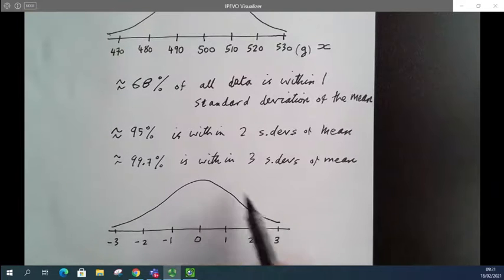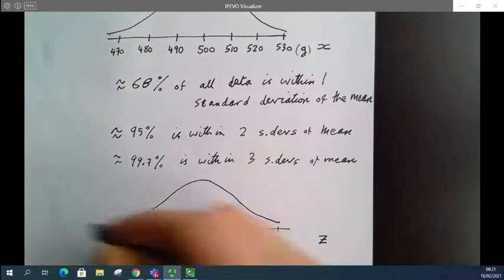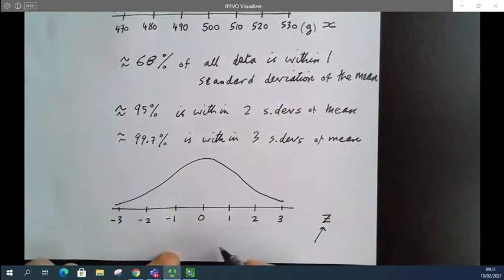Every normal distribution we can standardize. So they'll all look like this, and we can measure as instead of an x-axis, we have a z-axis. Again, you have frequency on the vertical, but the key thing here is that the z stands for number of standard deviations from the mean.